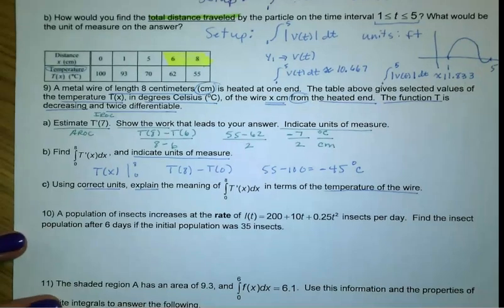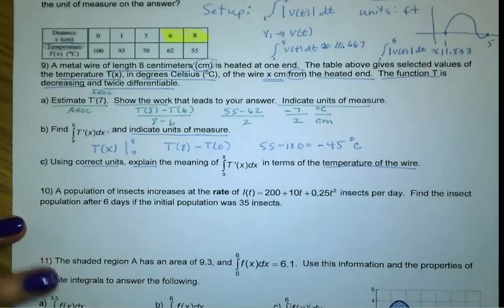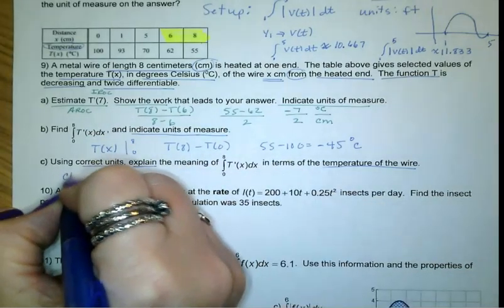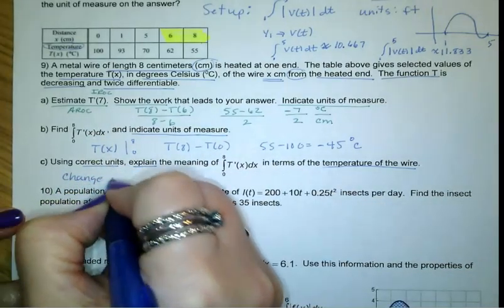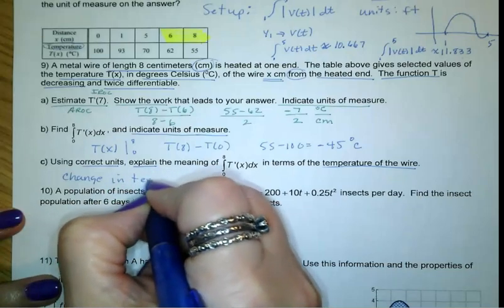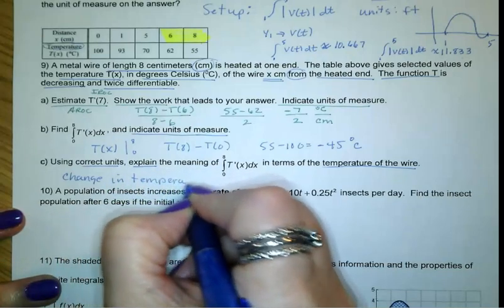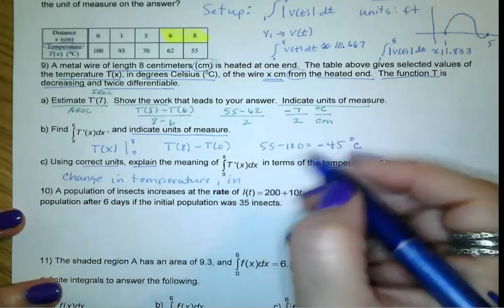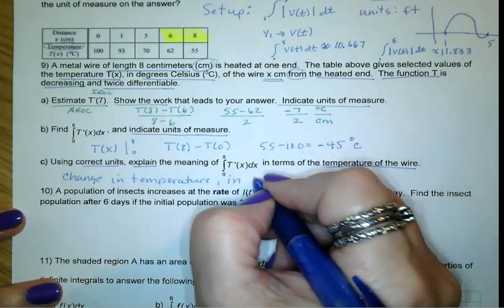So I think we talked about this before, FUBUing your answer. Make sure you're saying where it's happening, what are the units, what's the answer, what are the units, always keeping track of those units. So I'm going to say the change in temperature, and then what's the units, in degrees Celsius.